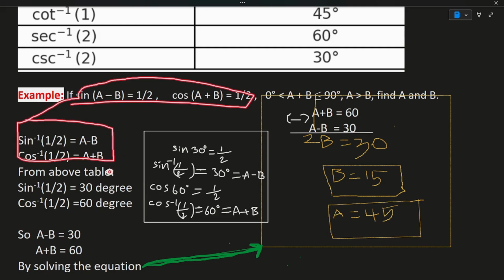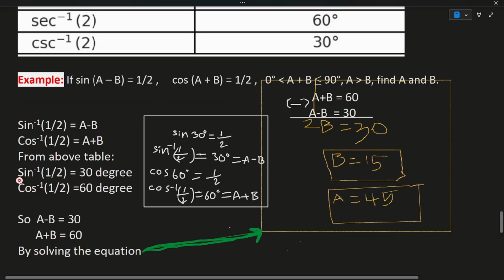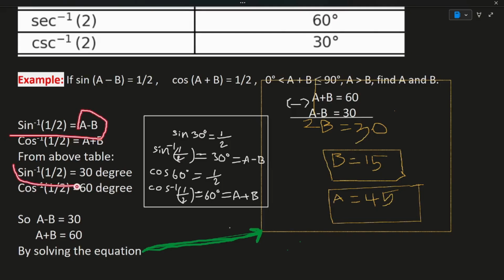Okay. From the above table, we know that sin inverse of 1 by 2 equal to 30 degrees, cos inverse of 1 by 2 equal to 60 degrees. So what is sin inverse of 1 by 2 here? A minus B. So in the place of sin inverse of 1 by 2, I can place A minus B equal to 30 degrees. So A minus B equal to 30 degrees. Okay.